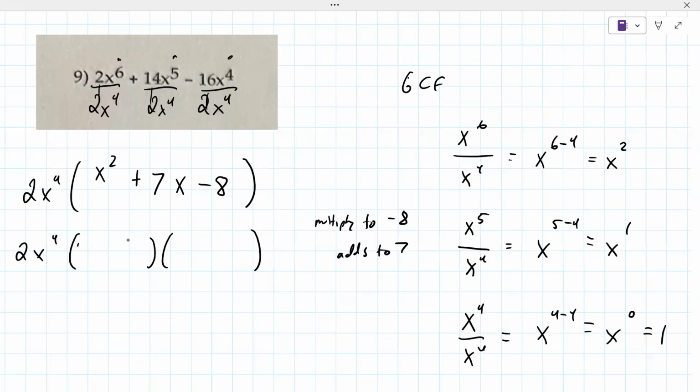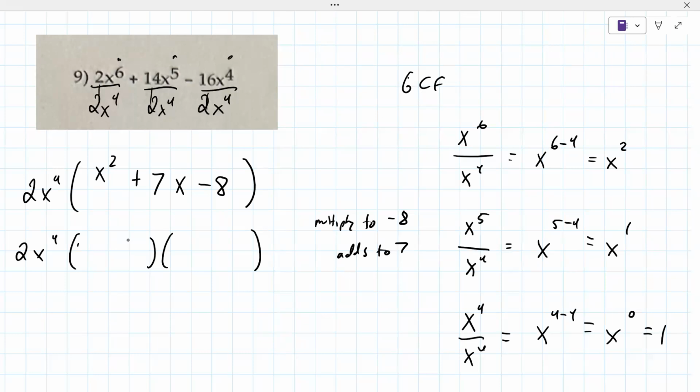So it would be -4 times 2. Okay, so does that add to 7? Nope. So that one's out. There is a combination.